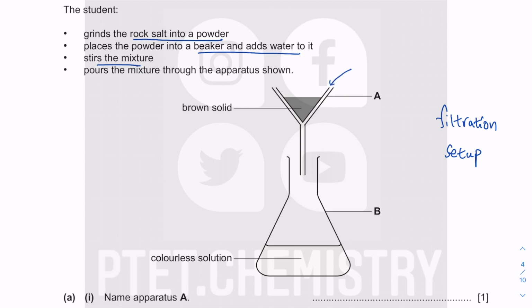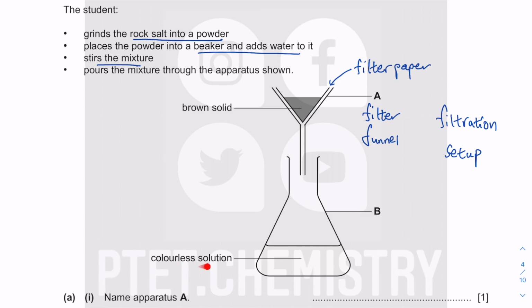So there is actually a filter paper supported on top of a filter funnel. If you don't have the filter paper, all of these can go through because these have holes in between. The filter paper will trap the solid and only allows the solution or the liquid to flow through.